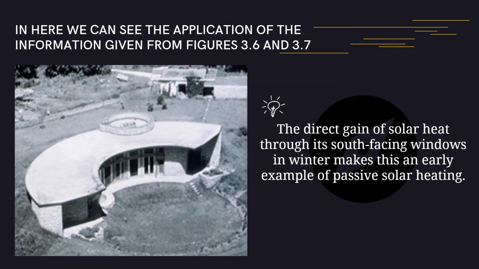During the construction of the building, the earth was scooped from in front of the south face of the house and bermed against the entire curved north wall, almost to the roof level, as you can see in the figure.